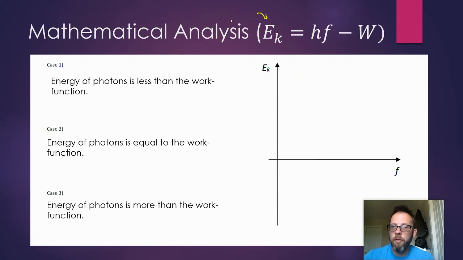So when we use this formula, you might be asking, well, what kinetic energy? Because we saw photoelectrons can come off with a little bit of kinetic energy or a lot.